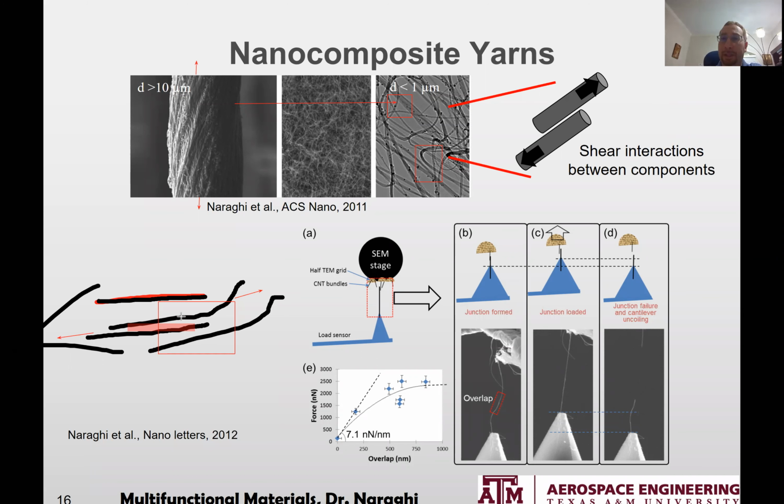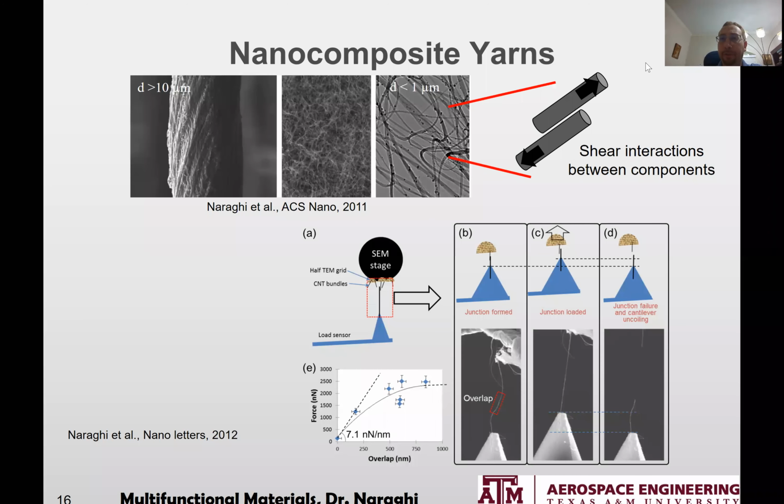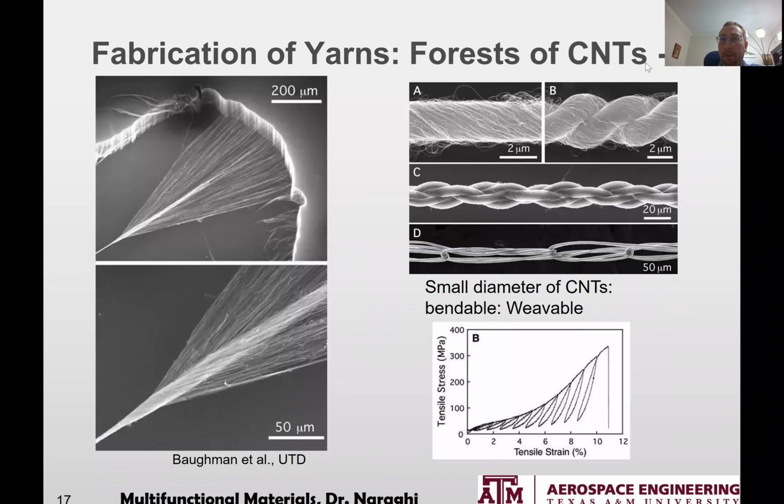There are a few methods by which these types of carbon nanotube yarns are fabricated. The first method was pioneered by Professor Baughman from UT Dallas. He contributed a lot to this work.